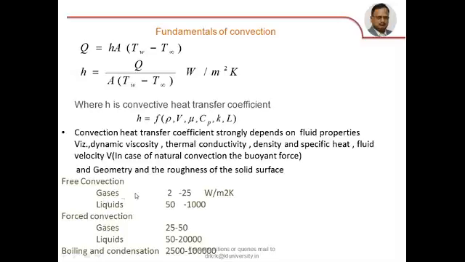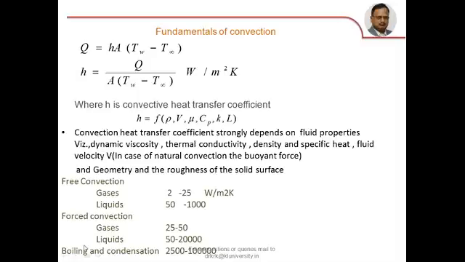So under free convection, the value of h for gases is around 2 to 25 watt per meter square Kelvin, and liquids exhibit between 50 to 1000 watts per meter square Kelvin. In case of forced convection, gases can exhibit a convective heat transfer coefficient from 25 to 50 watts per meter square Kelvin, and liquids exhibit 50 to 20,000 watts per meter square Kelvin.